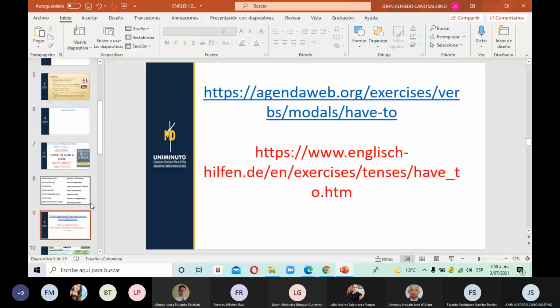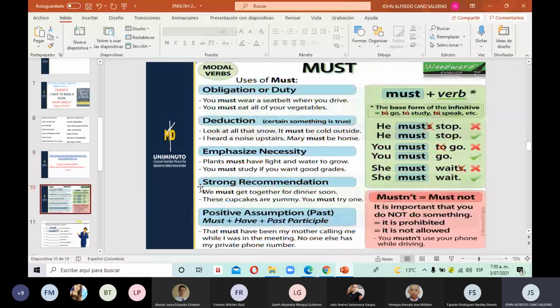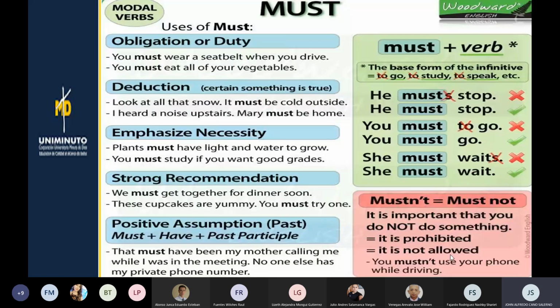Let's continue. Number two, must. Must in Spanish is like a debe. Okay, debe. So, Julio, could you give me a favor? Julio, turn your microphone on. Okay, Julio, could you give me a favor?